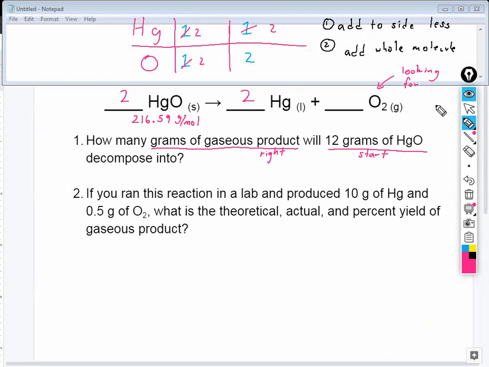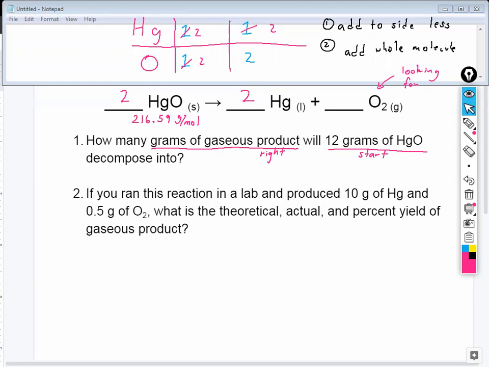Take a minute, calculate it, double check with your partner, and then I'll give you the answer in just a second. If you can finish it, go ahead.